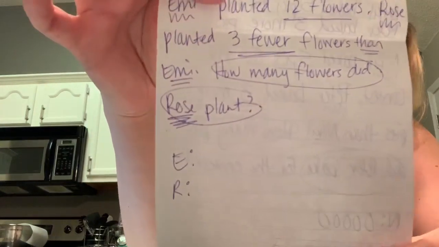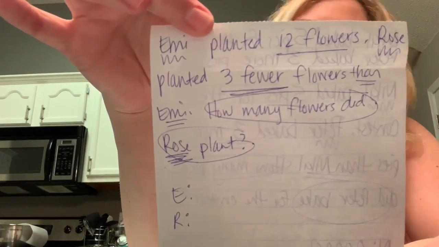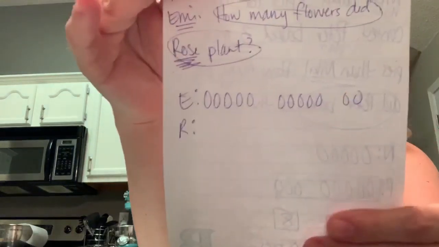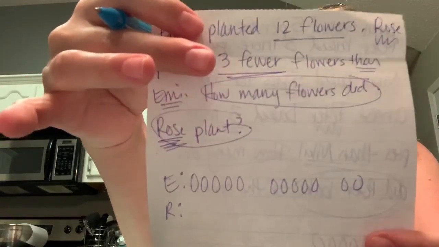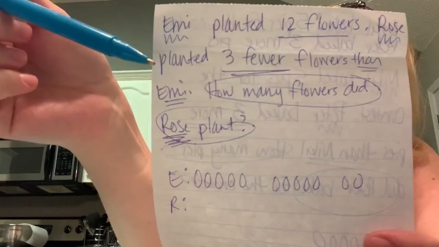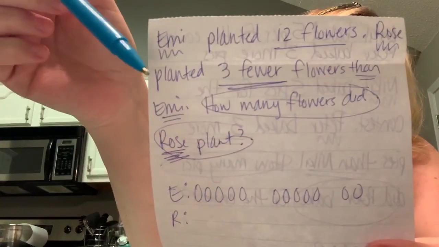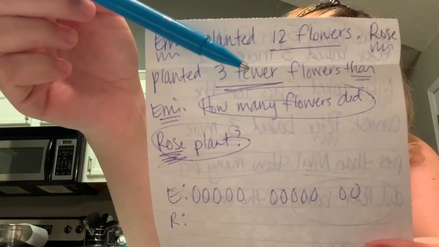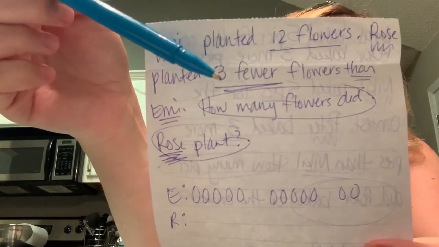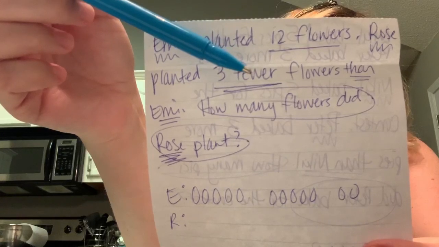Okay, what am I going to draw for Emmy? What do I know that Emmy had? 12 flowers. Let's draw 12. 1, 2, 3, 4, 5, 6, 7, 8, 9, 10, 11, 12. Remember, draw it like your groups of 5. Okay, now it says Rose planted 3 fewer.